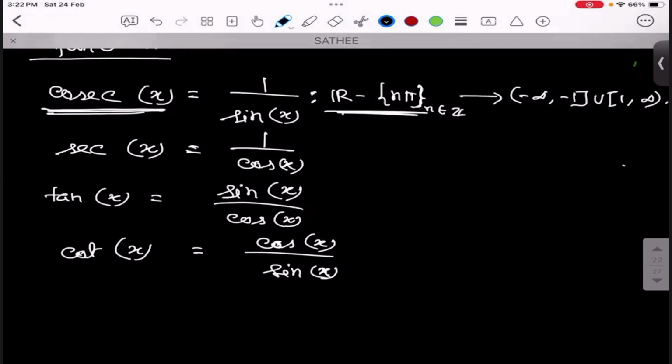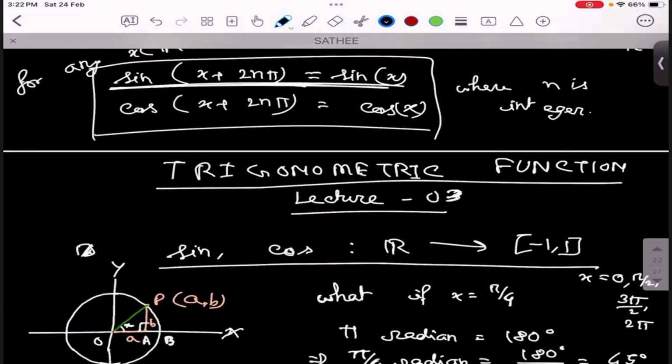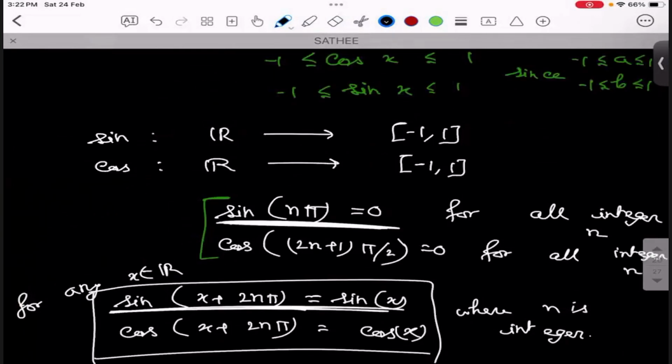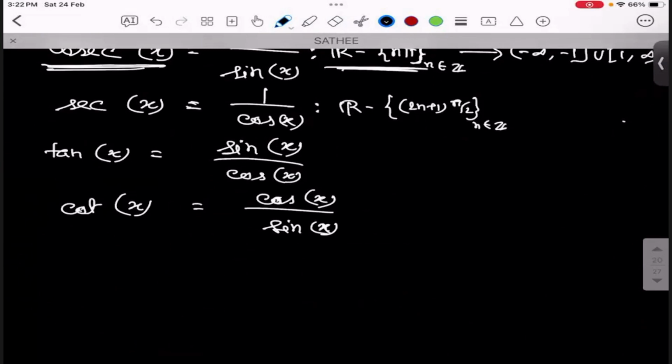Okay. Similarly, for sec x, the domain should be R minus (2n plus 1) pi by 2, where n belongs to the integers. Integers are denoted by Z. Okay.